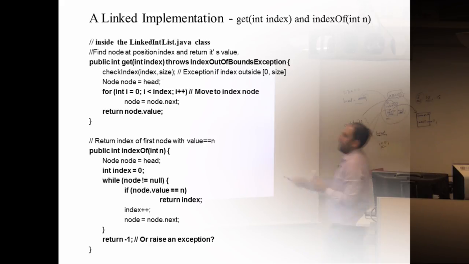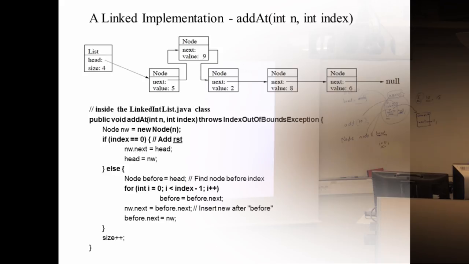When you run this loop, you will get the node that you want to access, and we return the value, because we don't want the full node. We want this get method to return the value that has been stored at that node. So these are simple operations, but the way of indexing or accessing the value is a bit different.